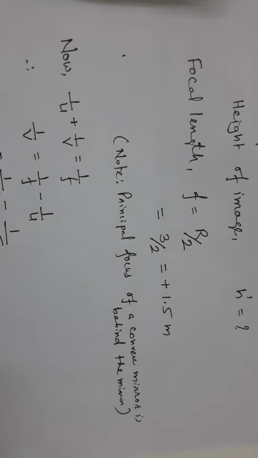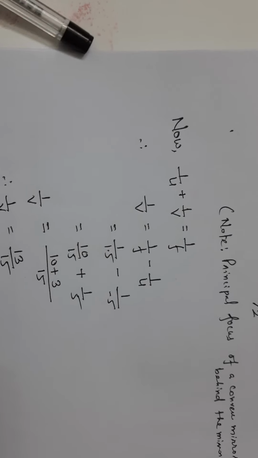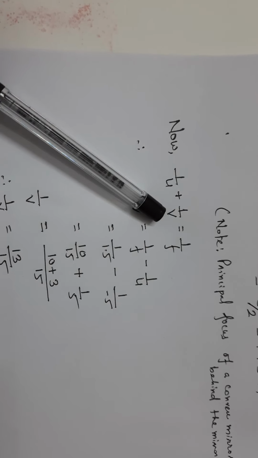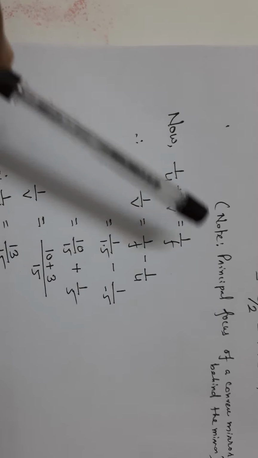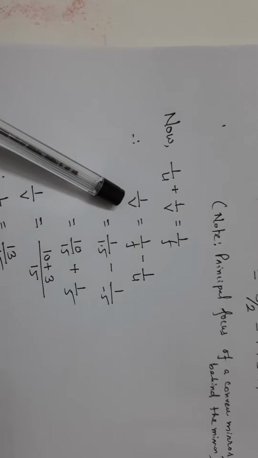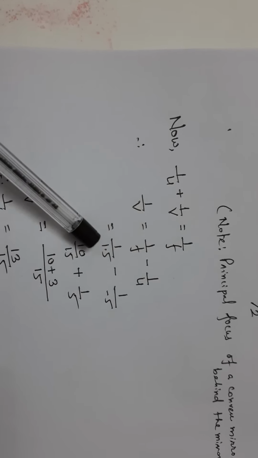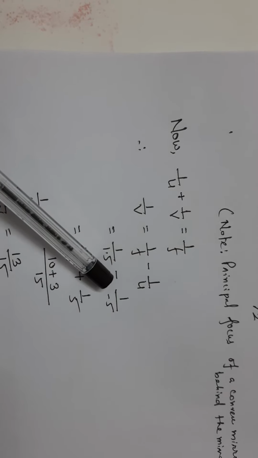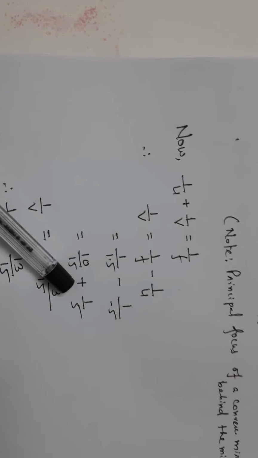Now using the mirror formula, we have the relation 1 upon u plus 1 upon v is equal to 1 upon f. Because we want to find out v, I am taking this 1 upon u to the other side. When it is taken to the other side, 1 upon v is equal to 1 upon f minus 1 upon u. So we get 1 upon 1.5 minus 1 upon minus 5. Minus minus becomes plus.